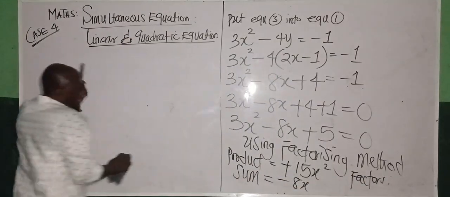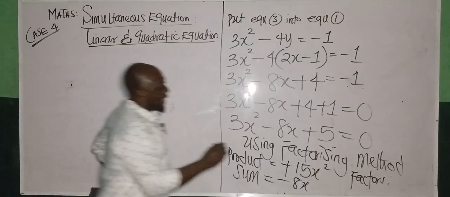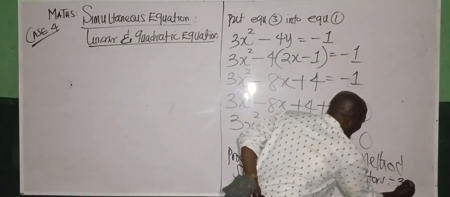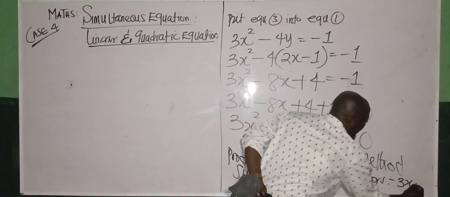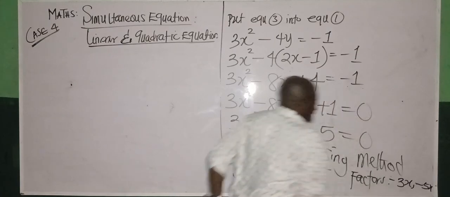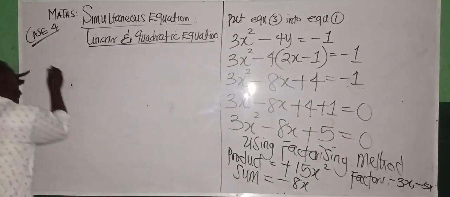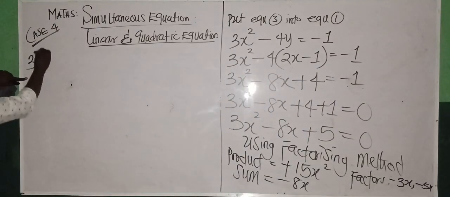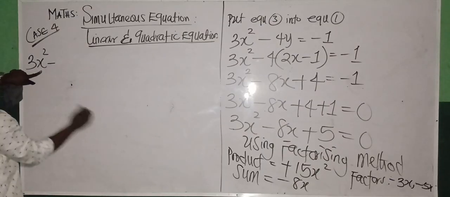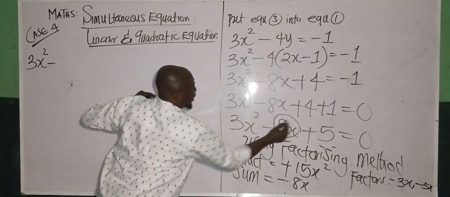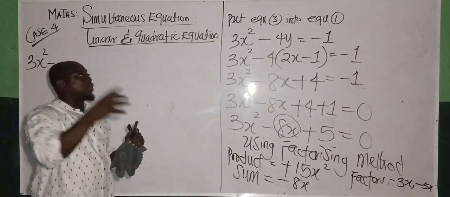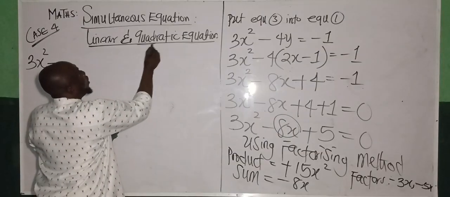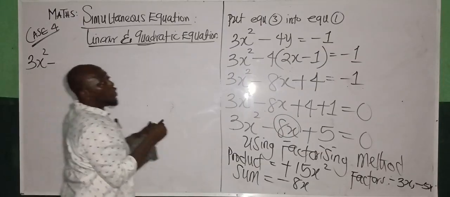So I will say here, since I know the factor as minus 3x and minus 5x, I'll copy the first one out. So I'll have that 3x squared. So minus, I will not put this 8 anymore because I want to change this into a quadratic. Quadratic means 4.